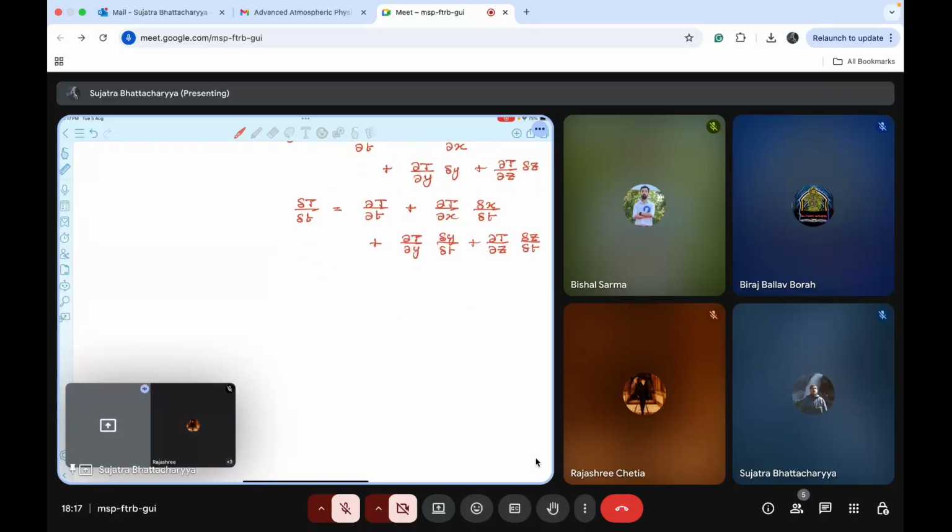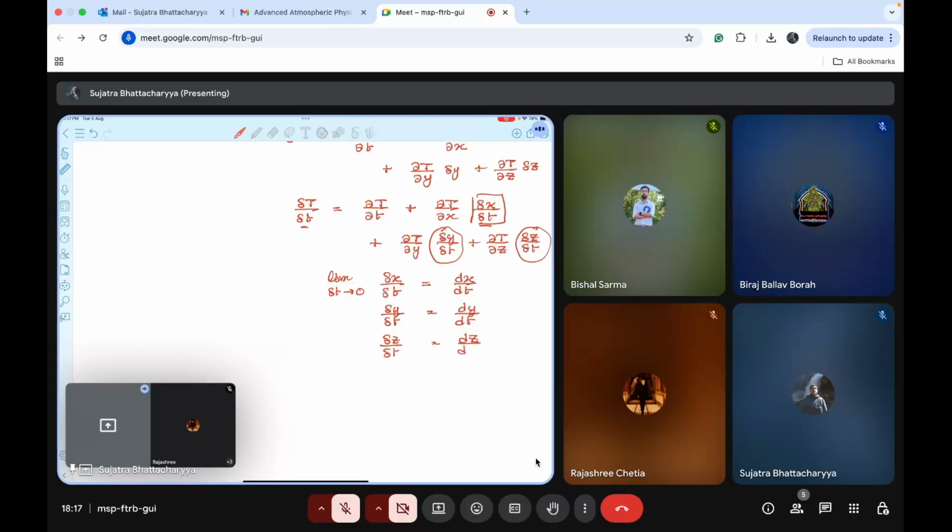Now if you take the limit, because this is a small change, delta t tends to 0 on whichever variables have delta t, mathematically we can write this as dx dt, the total change of x with respect to time. Similarly, delta y delta t can be written as dy dt, and delta z delta t can be written as dz dt.